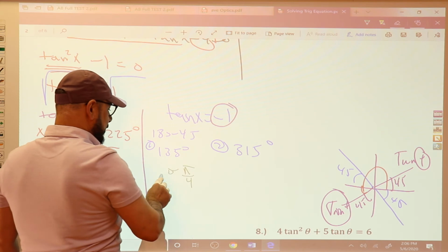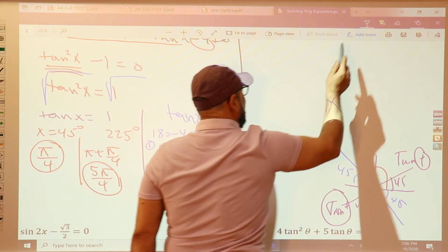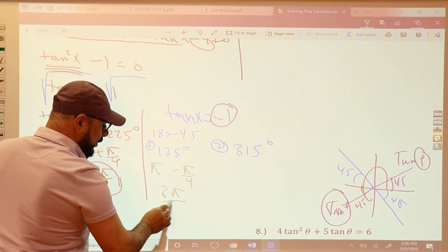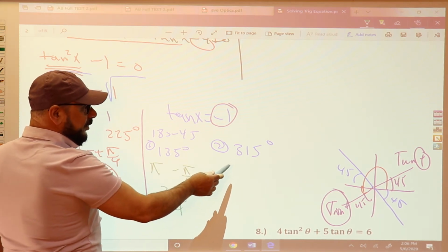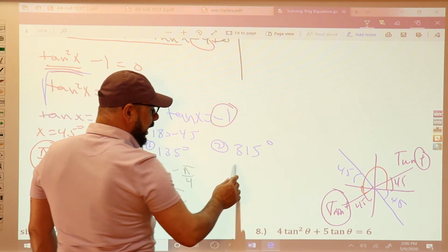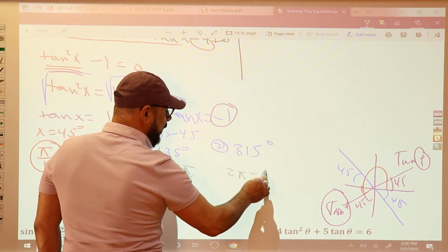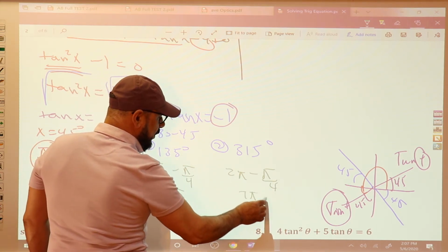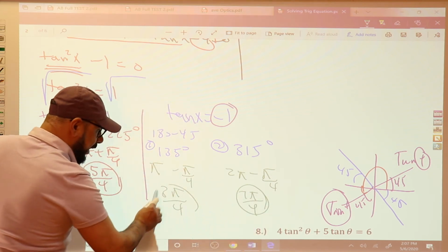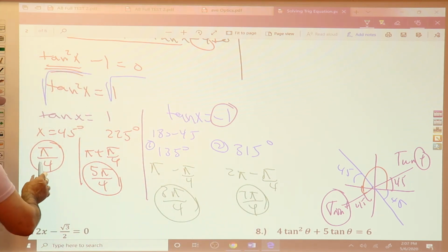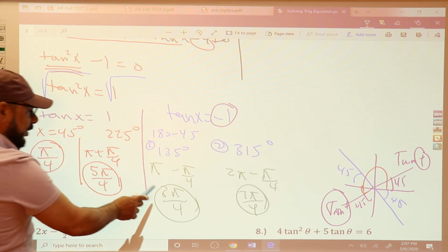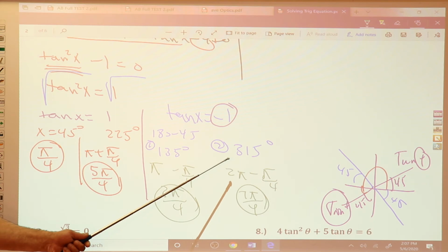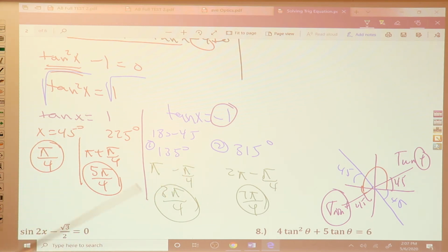So it's 3 pi over 4. And 315 is 2 pi minus pi over 4, 8 pi over 4 minus pi over 4, 7 pi over 4. Then my answers in radians: pi over 4, 5 pi over 4, 3 pi over 4, 7 pi over 4. In degrees: 45, 225, 135, 315.